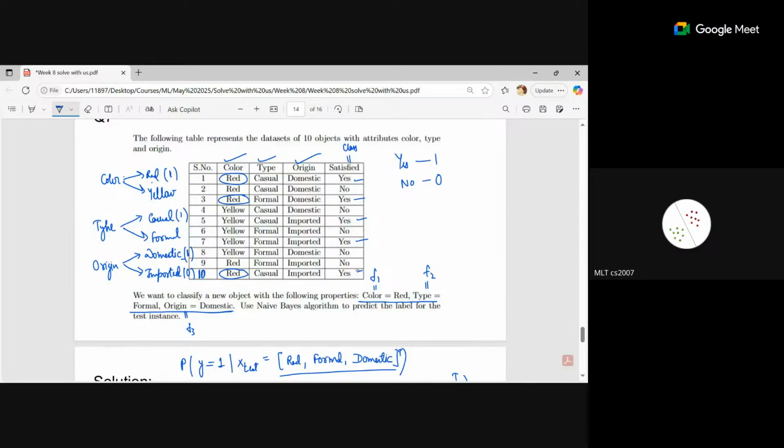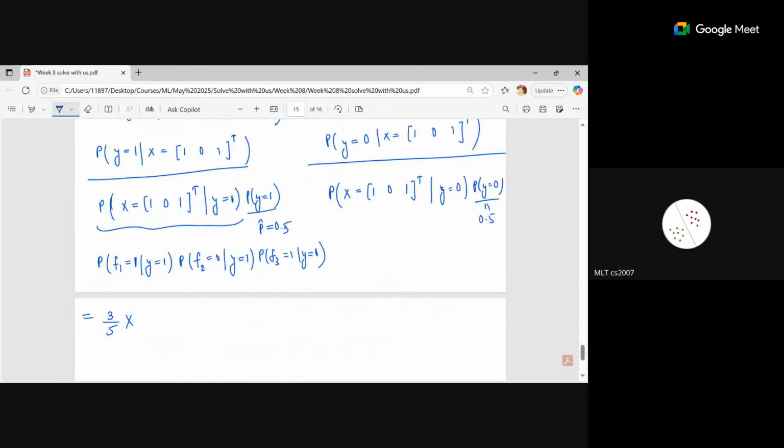Out of all the rows in which satisfied is yes, how many are red? Here it is yes but the color is yellow, so it will not be counted. Again here it is yellow, so it won't be counted. And at the end, it is red. So there are 3 out of 5, and the estimate here is 3 by 5.